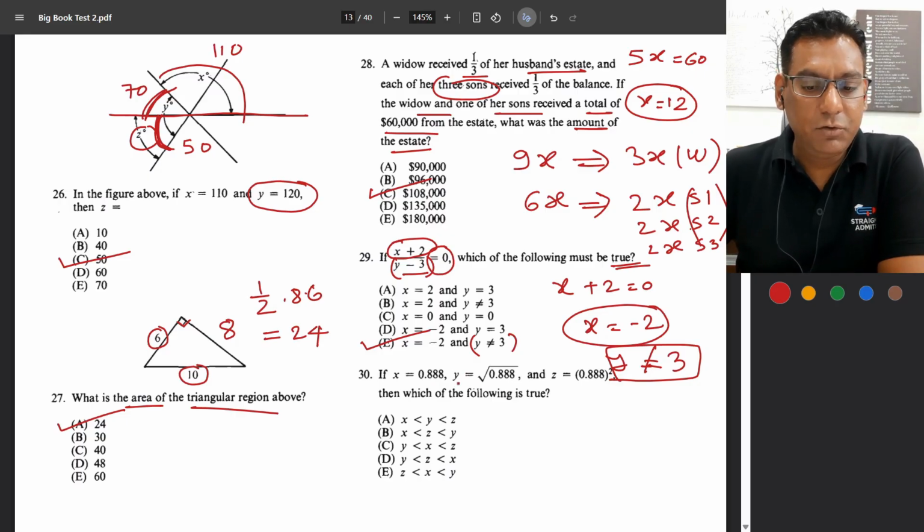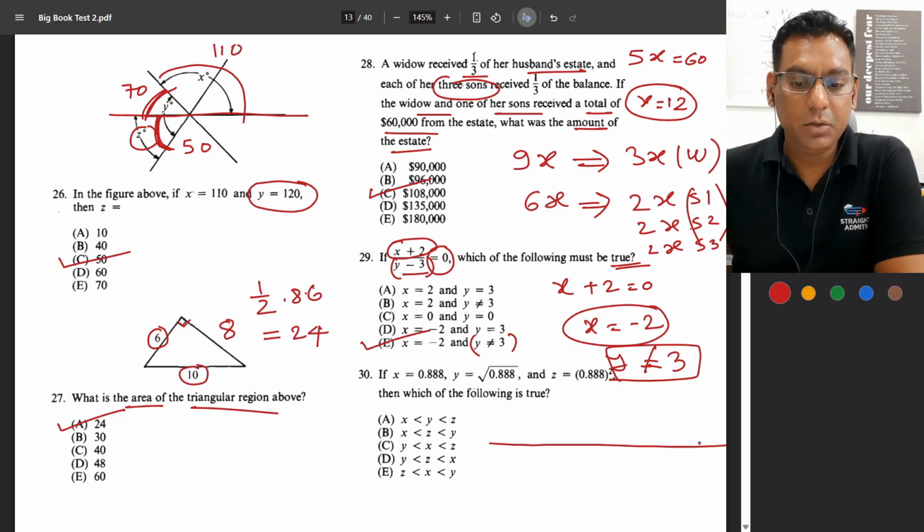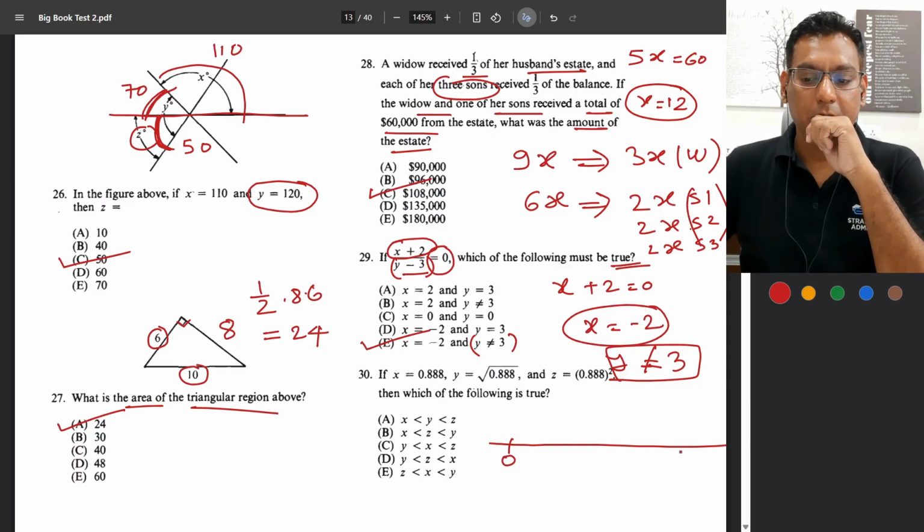Okay, if x is equal to 0.888, y is equal to the root of 0.888, and z is the square of 0.888, which of the following is true? Okay, you have to find out how they stand with respect to each other. Okay, interesting. Let's see. So this is 0, this is 1, and 0.888, x, is somewhere here.